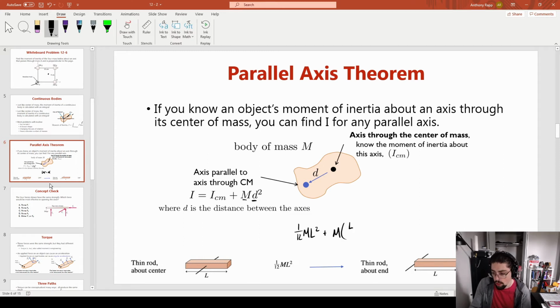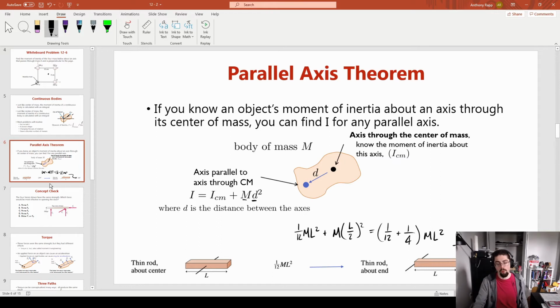So that is L over 2, squared. L over 2 squared becomes L squared over 4. This becomes 1/12 plus 1/4 ML squared. 1/12 plus 1/4 is equal to 1/3.